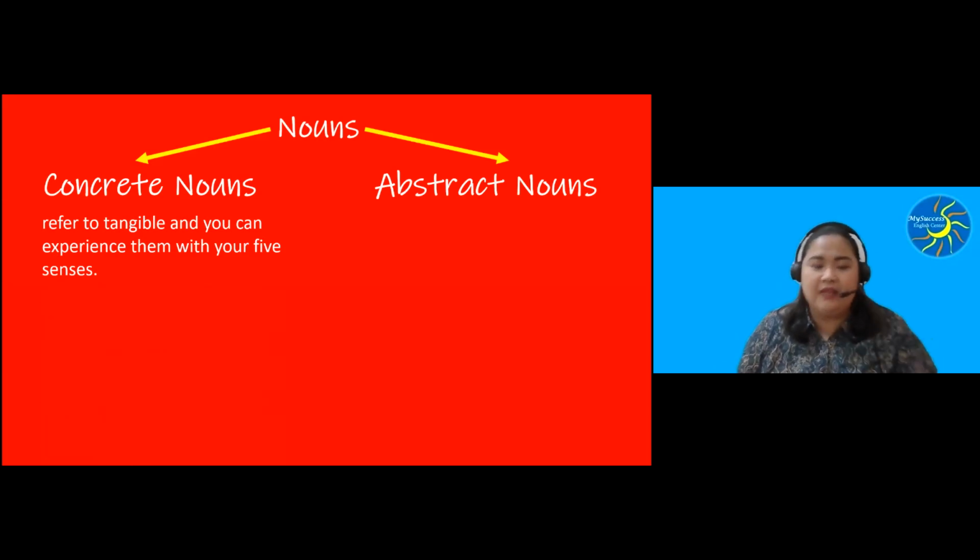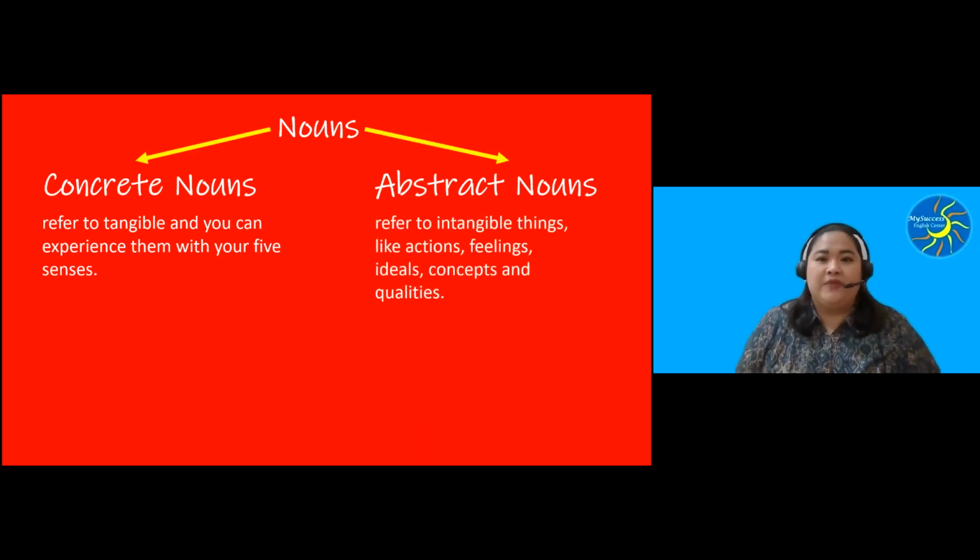You can see it, you can feel it, you can hear it, yeah, you can smell it. So anything that you can see, anything that is real, all right? While abstract nouns refer to intangible things like actions, feelings, emotions, ideals, concepts, yeah, and qualities.